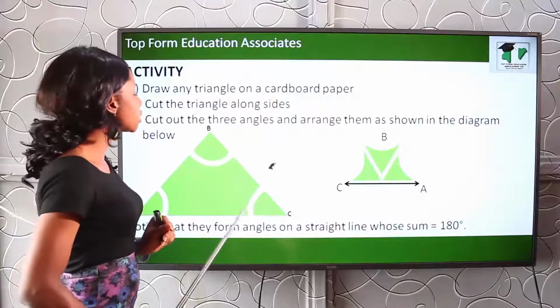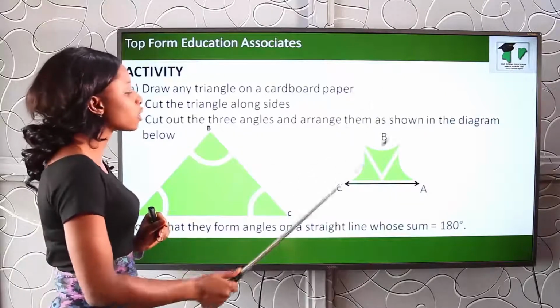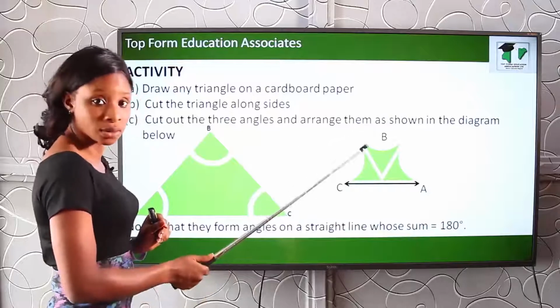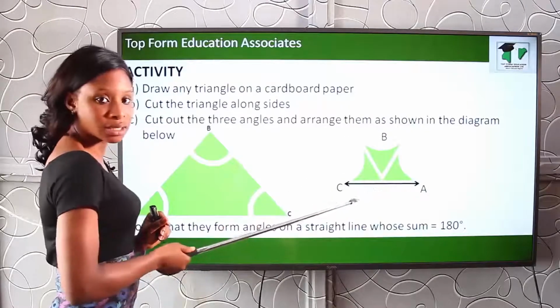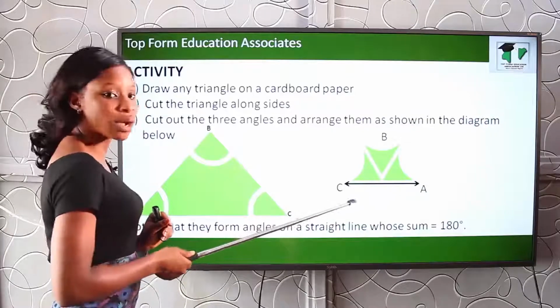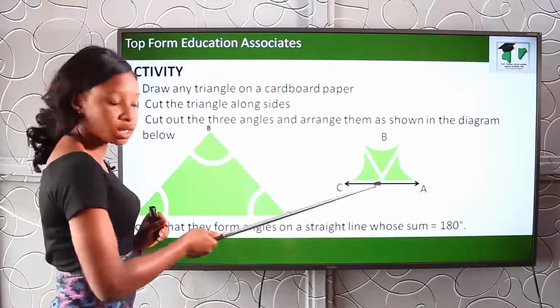Now, after doing that, you are going to turn it inverse. You are going to turn it upside down, okay, to make it straight underneath. All right, so at the end of the day, you're going to have C and A in a straight line.